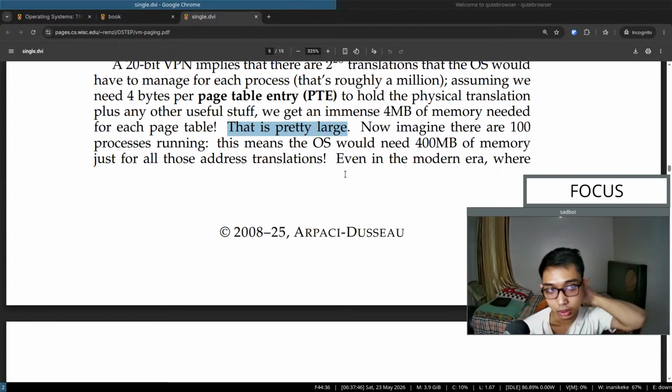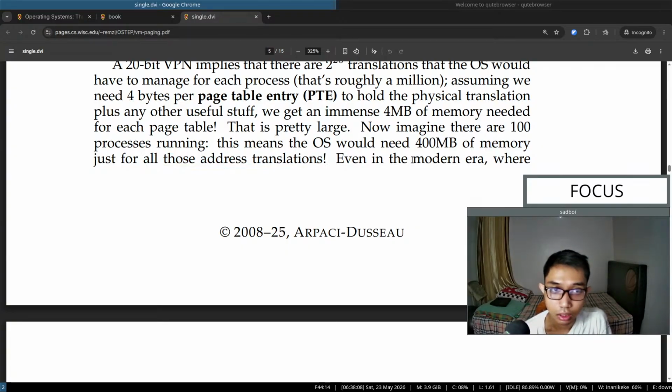Now imagine there are 100 processes running. This means the operating system would need 400 megabytes of memory just for all those address translations. Right.